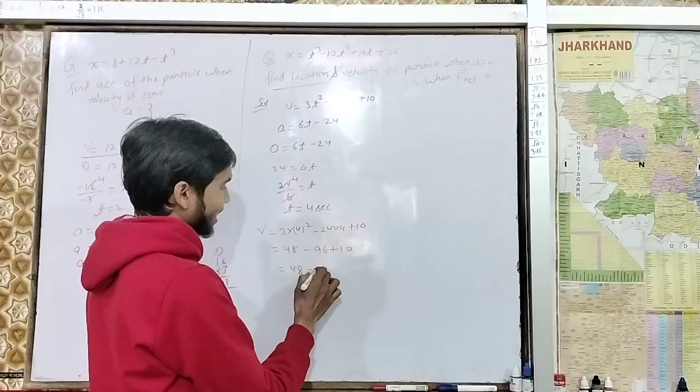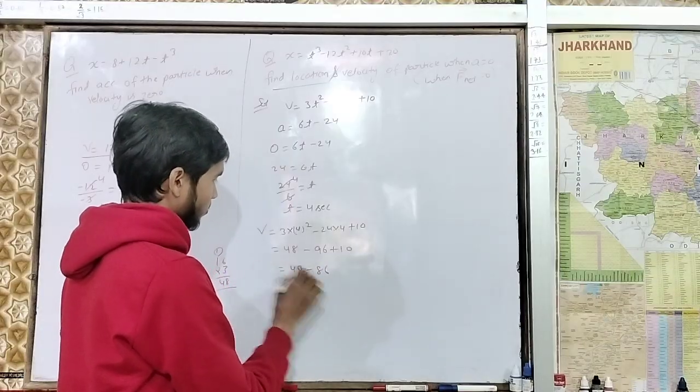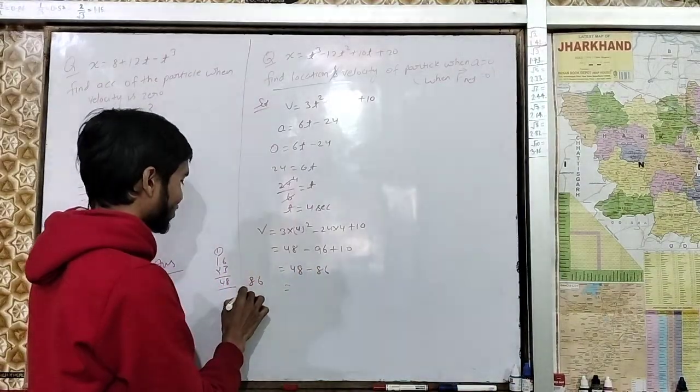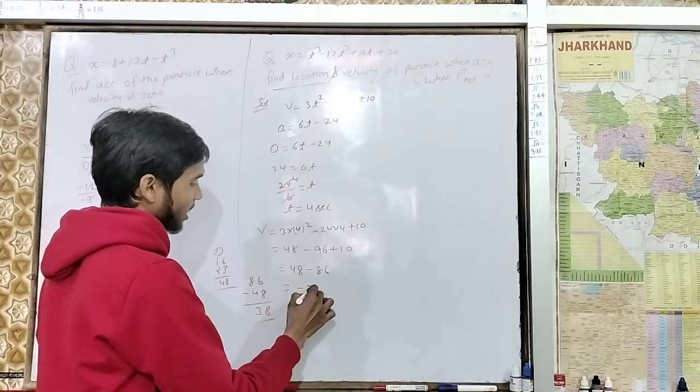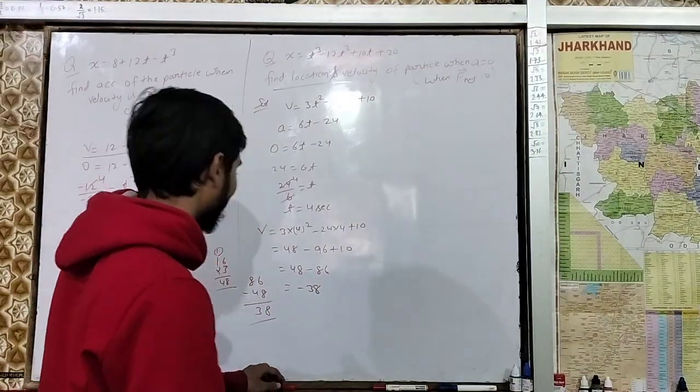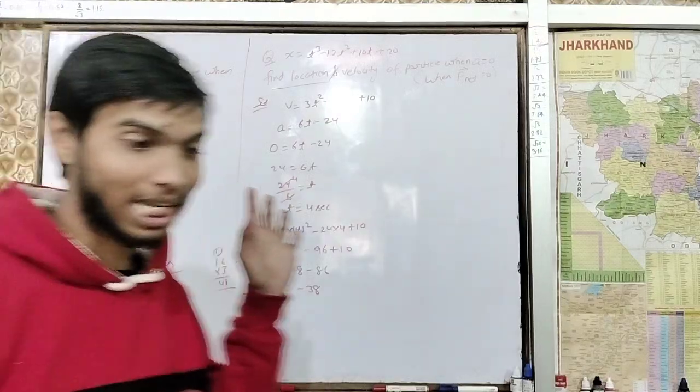So minus 86, minus 86 minus 48, minus 38. Velocity is coming as minus 38. It is negative.